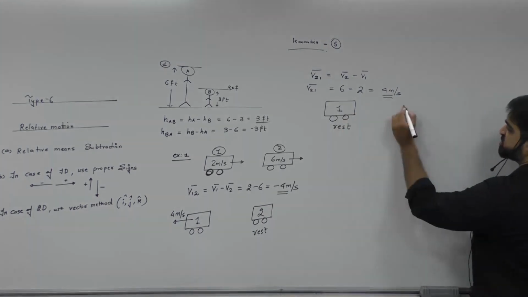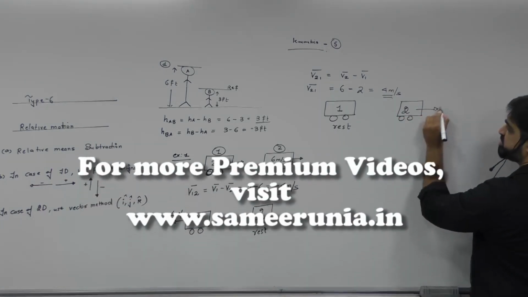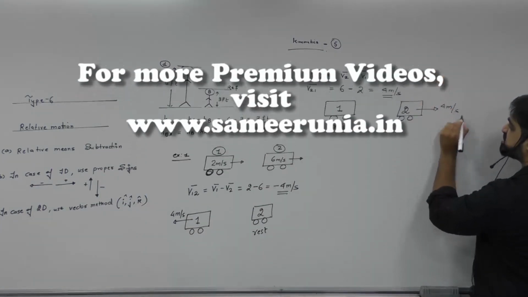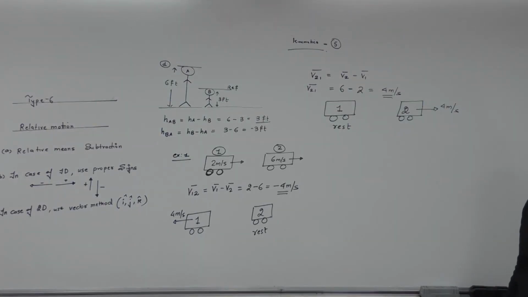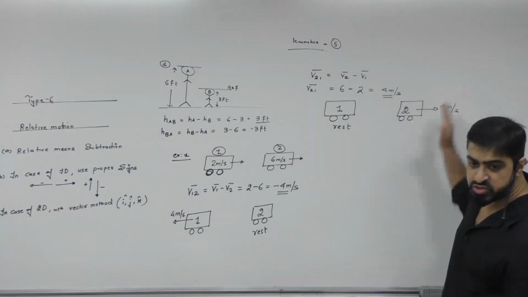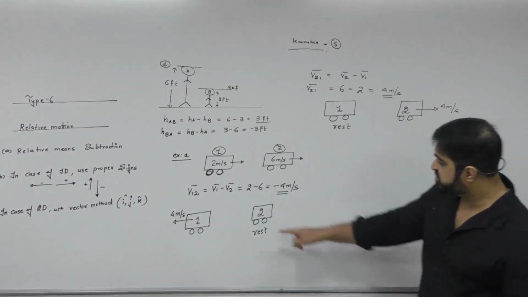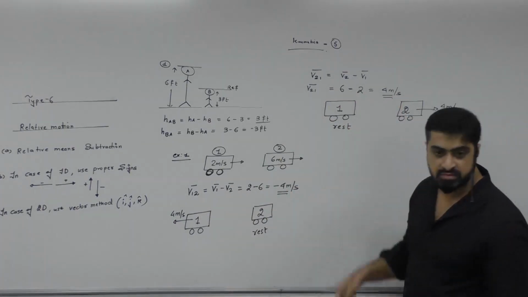And when this guy looks at 2, it appears to him that he is going with what? 4 meter per second towards the right. See, it appears to him this way. So actually, can I say V12 bar and V21 bar are equal and opposite?